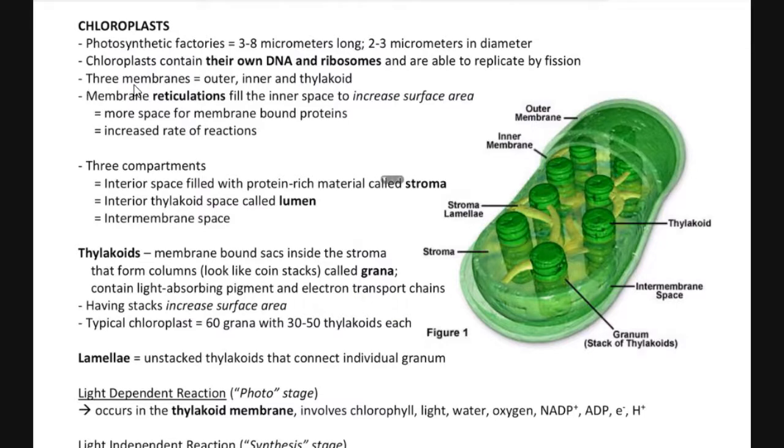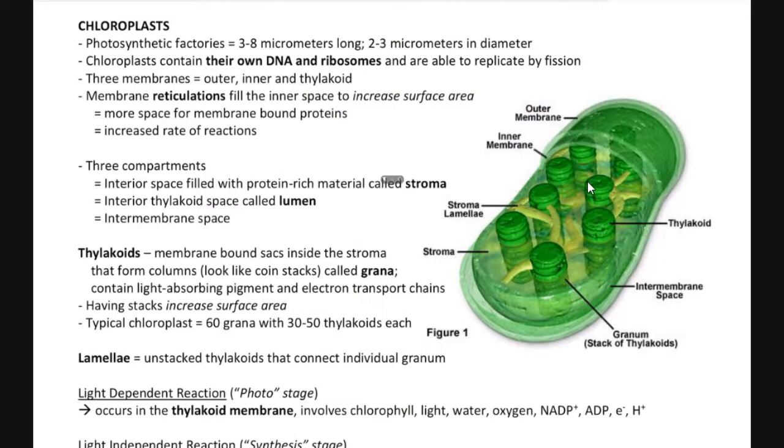It's made of 3 membranes. You have the outer membrane, which is called the outer membrane. Then you have an inner membrane called the inner membrane. That's pretty easy. The main membrane that we care about, though, is something called the thylakoid. The thylakoid are these little coin discs that you kind of see here. And these discs are going to be where you have all the chlorophyll attached.